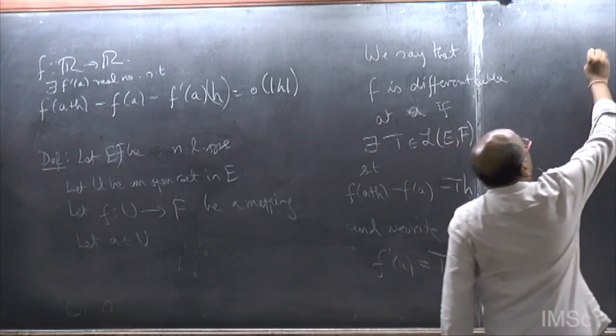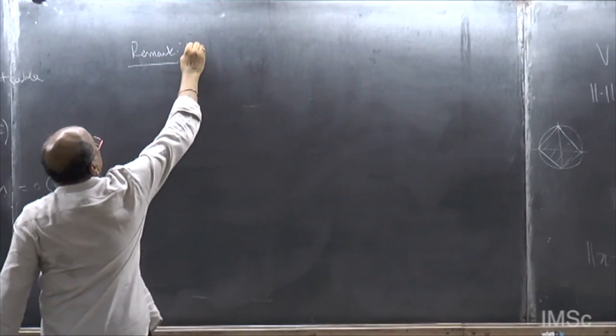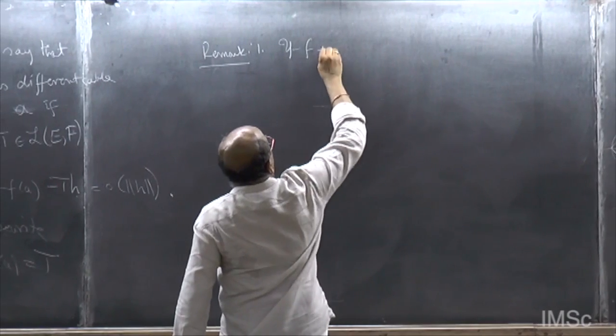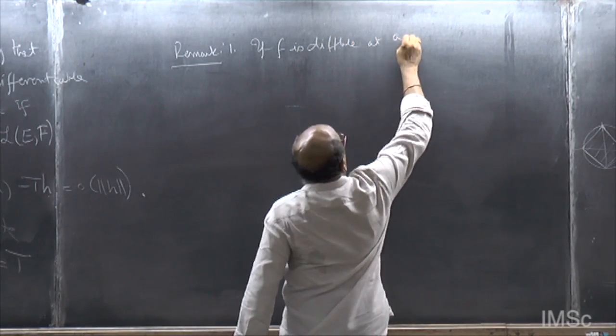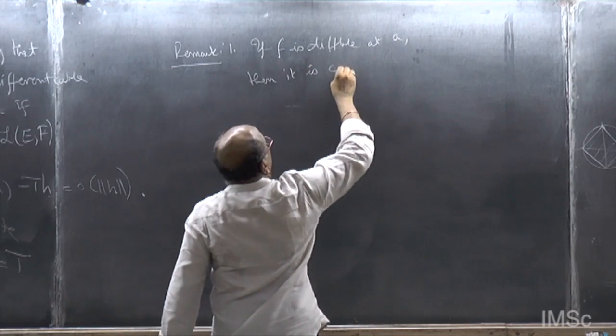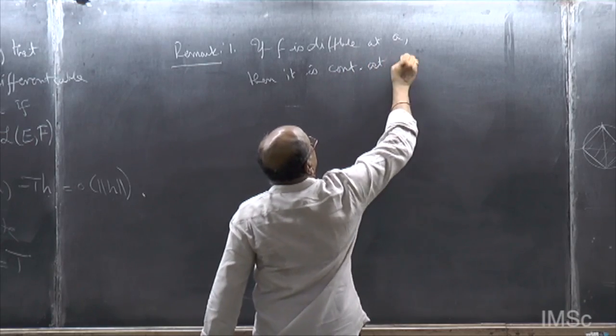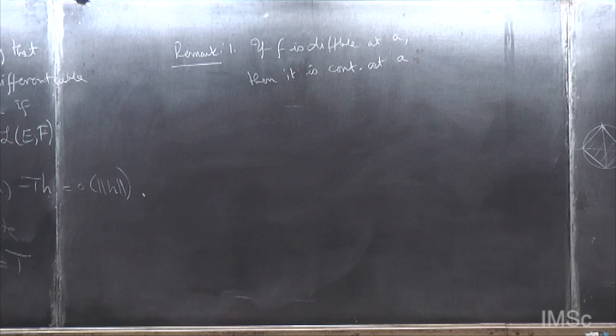So, first remark: if f is differentiable at A, then it is continuous at A. You know this in one dimension.